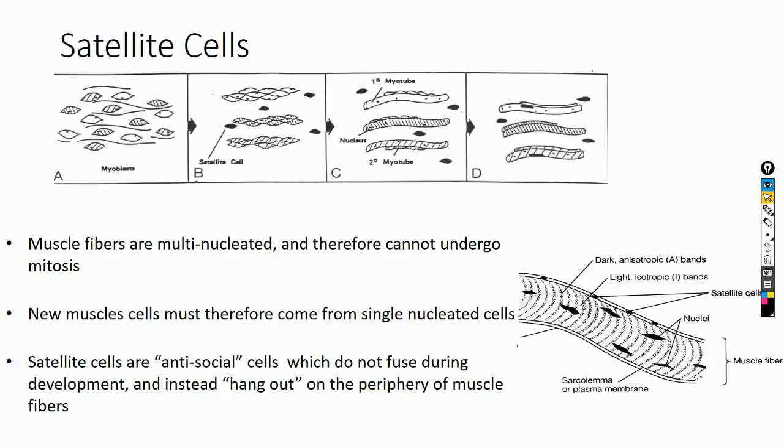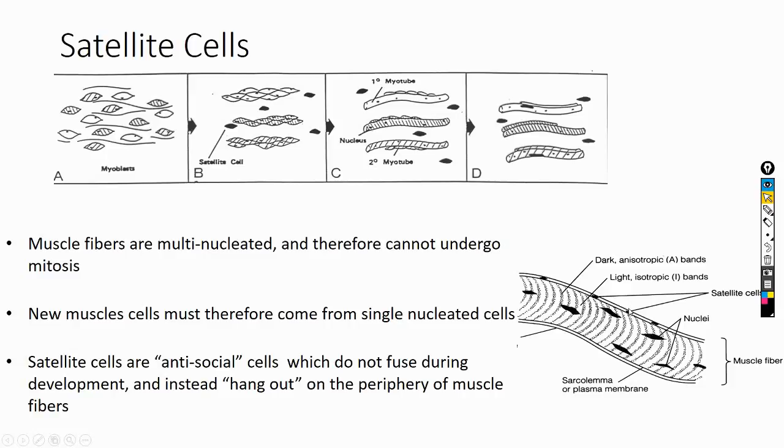Okay, so let's talk about satellite cells a little bit. So satellite cells are themselves really undeveloped muscle fibers or muscle cells. Okay, when you're born, you have a certain number of myoblasts that just never develop. They kind of just hang out toward the outside of muscle fibers, and they're said to be quiescent.